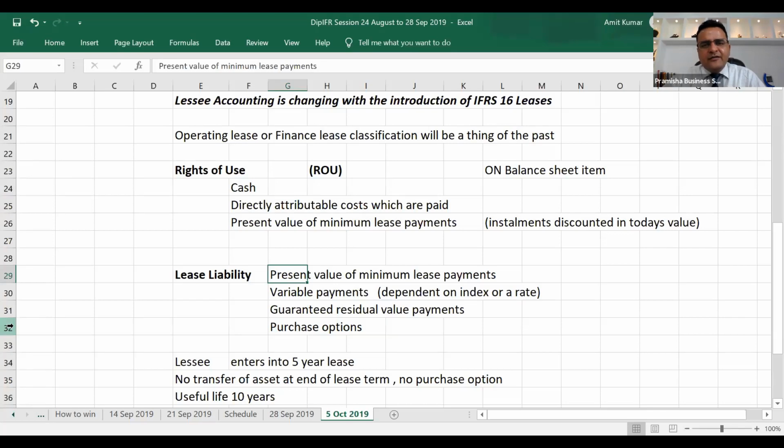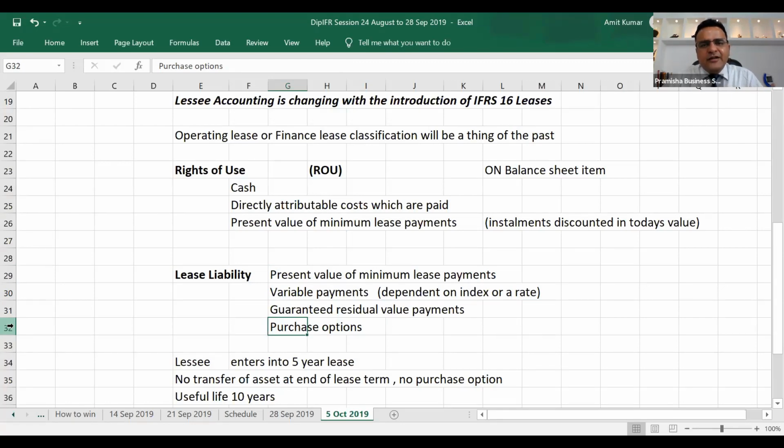Suppose we guarantee a residual value of 200,000, and if the lessor doesn't get that 200,000 in the market, the shortfall is paid by the lessee. So on the basis of the expectation, we may also need to record these guaranteed value payments. Purchase options: if we are certain that we are going to own that asset after the end of the lease term, we are going to own that asset.